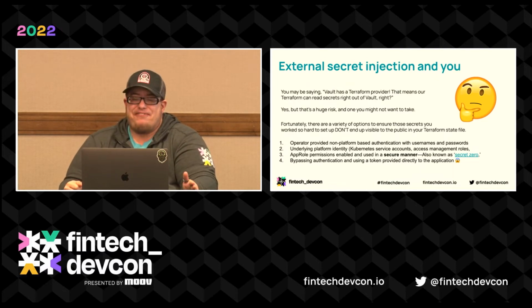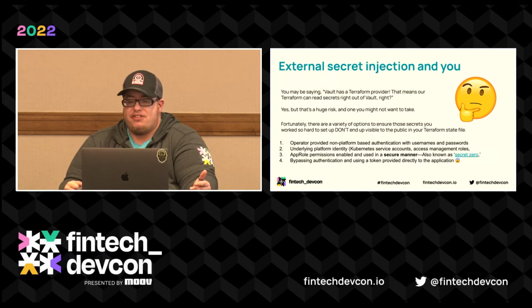But if you work so hard to set up those secrets, and you don't have that external secret injection configured correctly, those are going to be visible to the public right in that state file. So there's a couple of ways that you can get around that. You can use that operator-provided non-platform-based authentication using usernames and passwords.